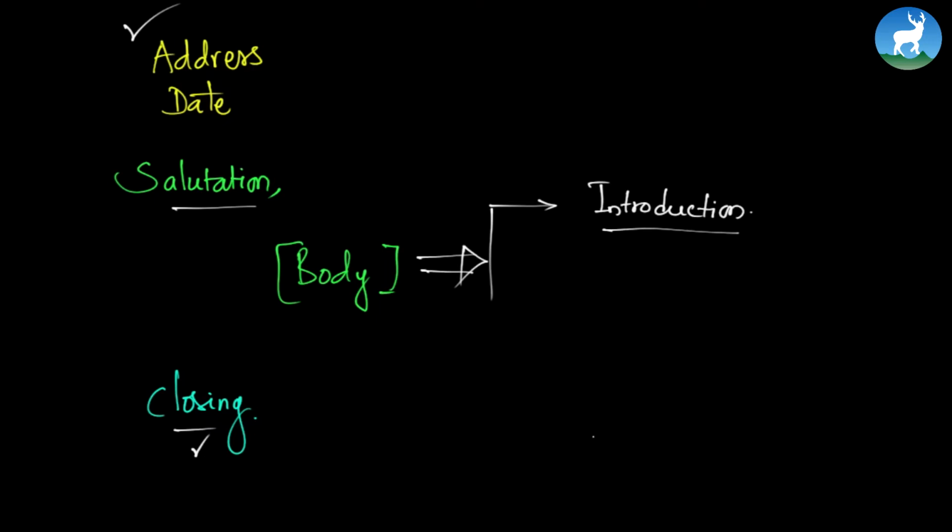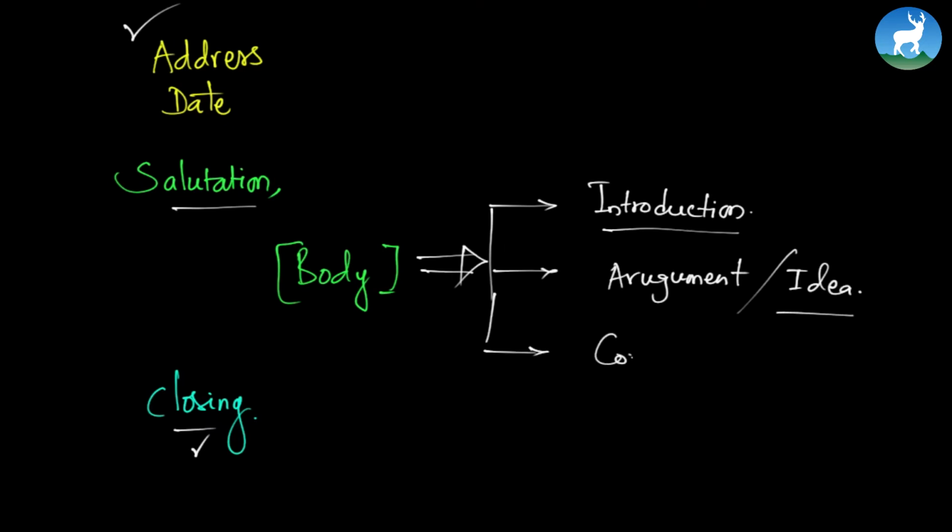You're going to start with some customary hellos and hi's, and you can move on to other kinds of niceties. And in the second paragraph, you will introduce your argument or some idea, right? Simply, you can introduce the idea or the argument, and in the final paragraph, you will conclude.